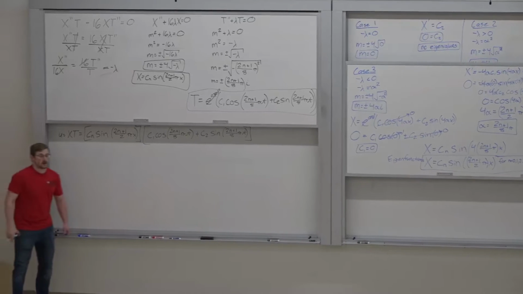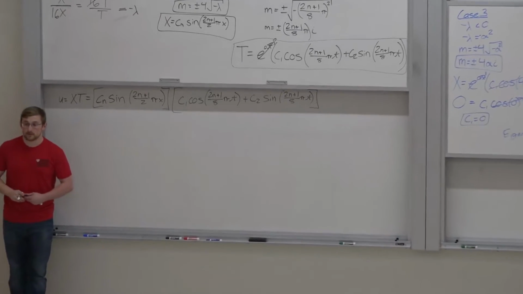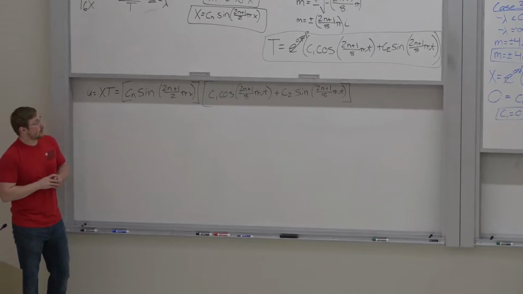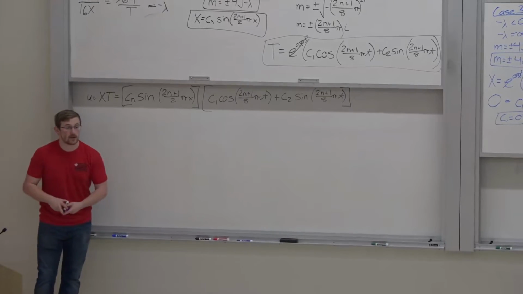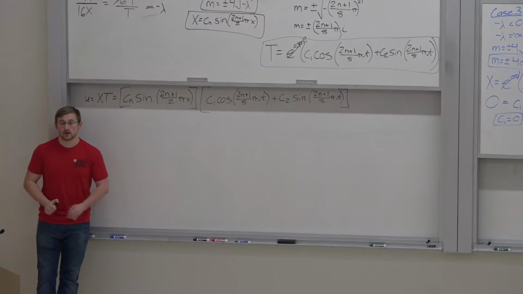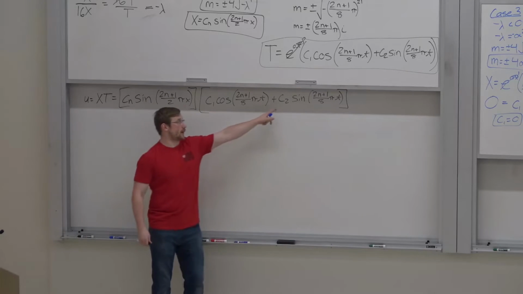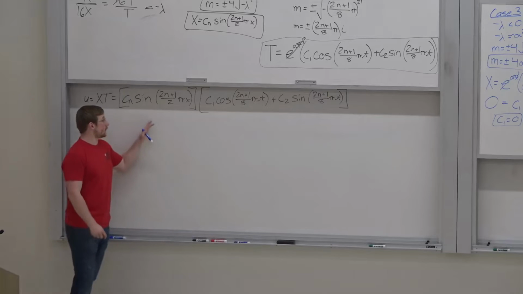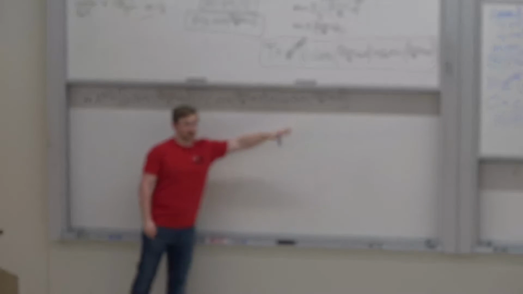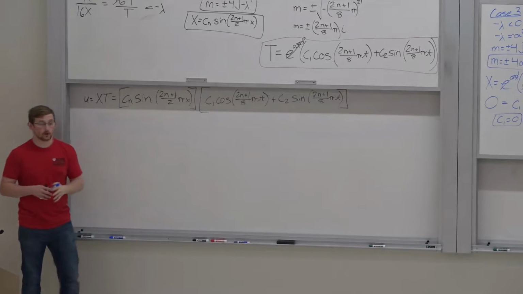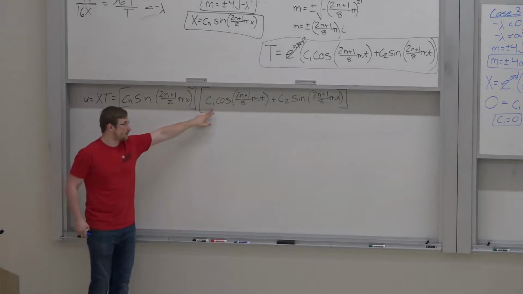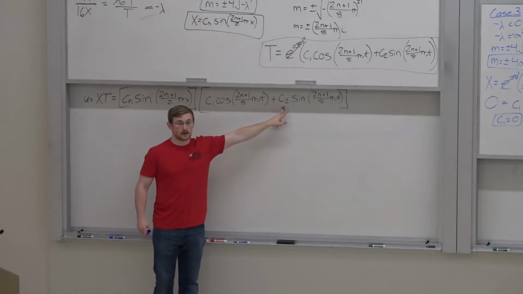So now, to simplify my constants a little bit, because we know that we have two initial conditions, I can solve for two constants. But right now, it looks like I have three. Well, I know that when this gets multiplied by each of these, those constants are going to be absorbed, because it's going to be Cn times C1 and Cn times C2.